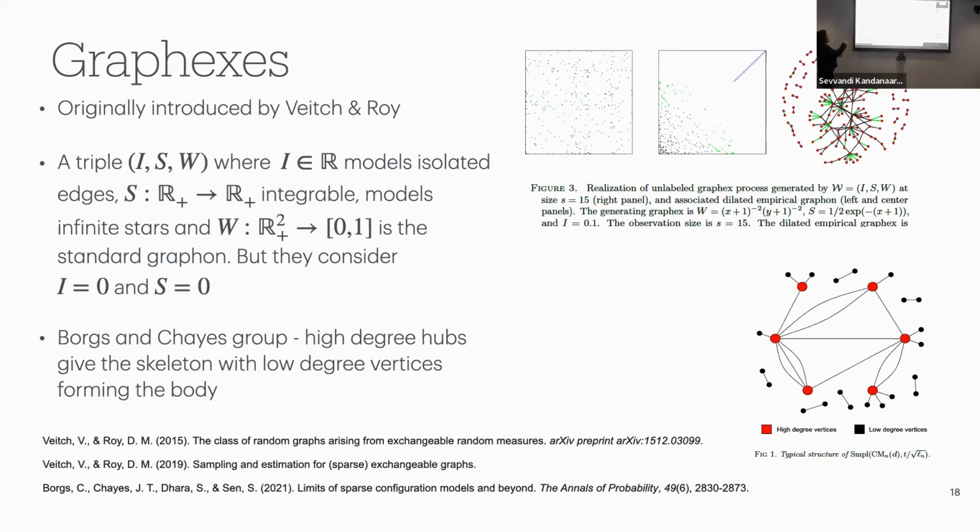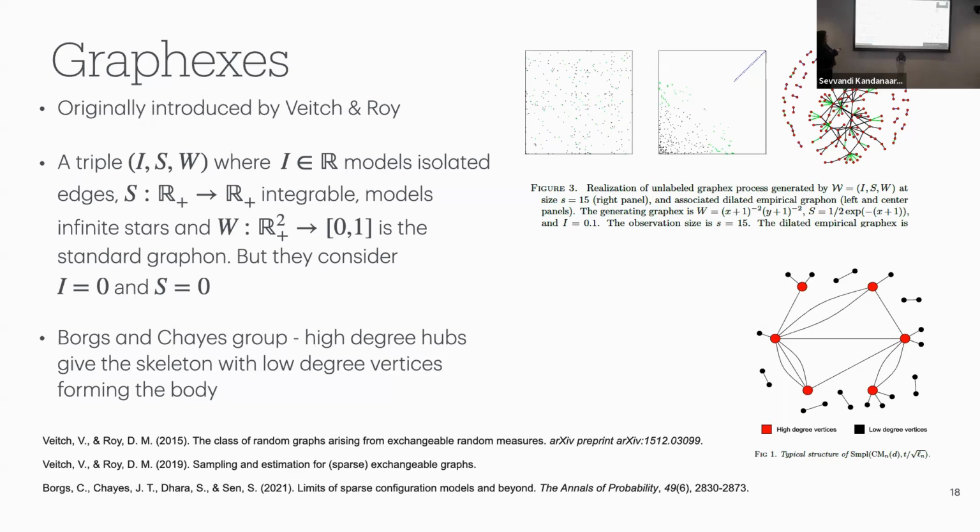And we have a separate function to denote stars. In this picture, the green edges are coming from the star function, the black edges are coming from the W, and there are some blue edges like that, which are the isolated vertices coming from I. But in their paper, they consider I to be 0 and S to be 0.